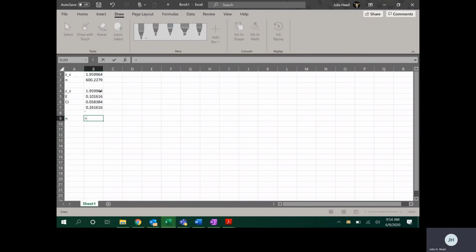So we have n equals 0.16 times 0.84 times parentheses, and you can cell reference either of those two Z_Cs, but again, they do need to be cell referenced. So 322.7.